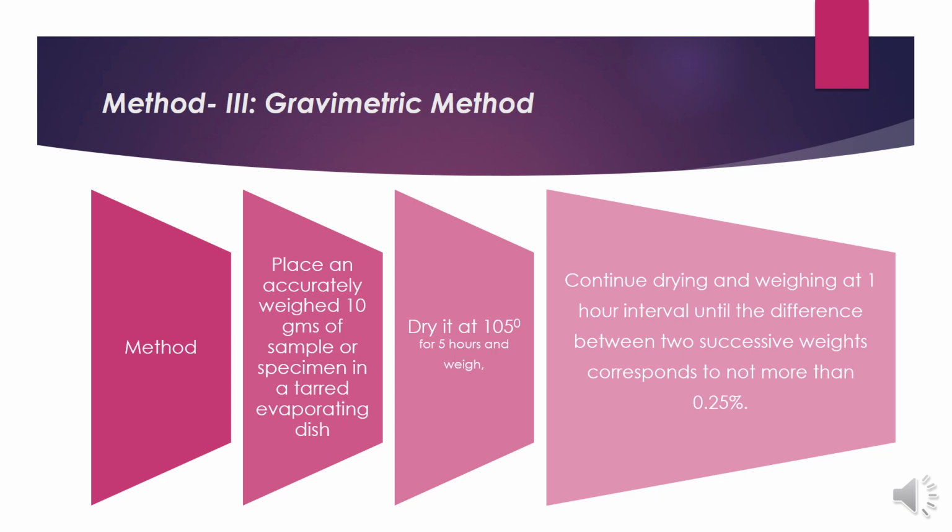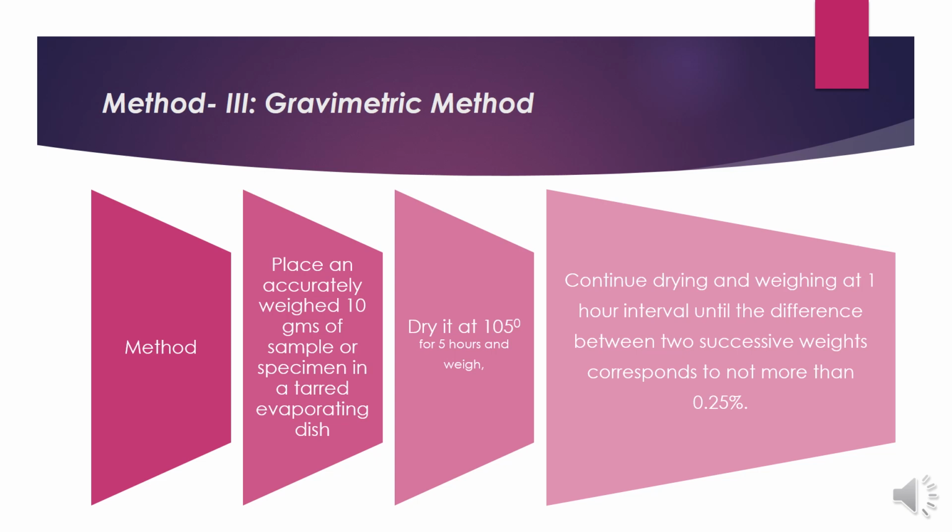Basically this is the general procedure according to USP, and the temperature can vary with the sample if it is specified in the individual monograph. So it is with very accurate calculations that you can know the difference between the last two weights is not more than 0.25%.